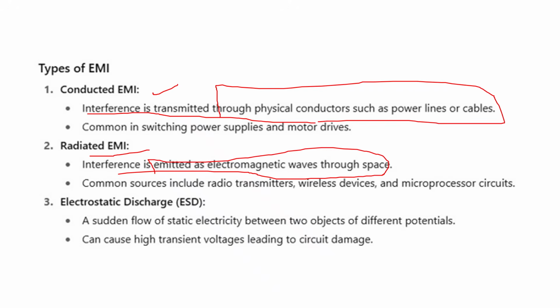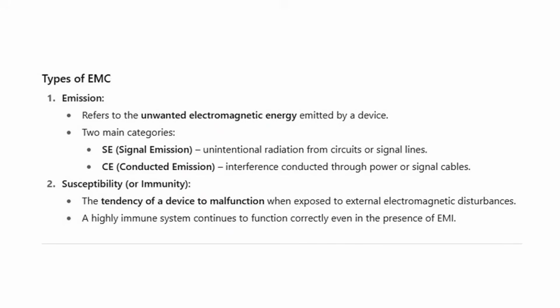There is no physical wire, like your tower. Your power line cables are physical, so that is conducted EMI. The third one is electrostatic discharge, ESD, the sudden flow of static electricity between two objects of different potentials. That also causes some electromagnetic interference.